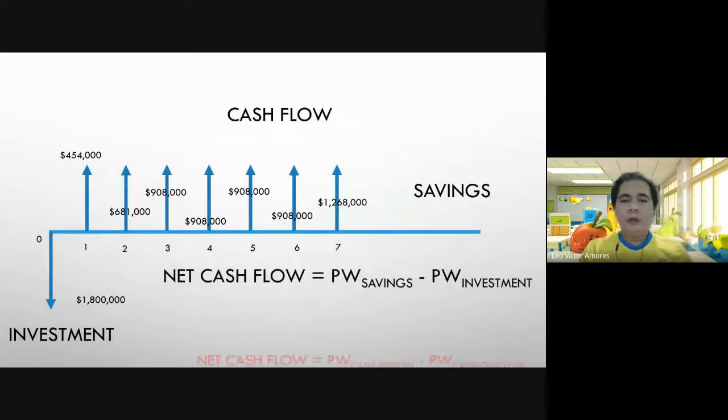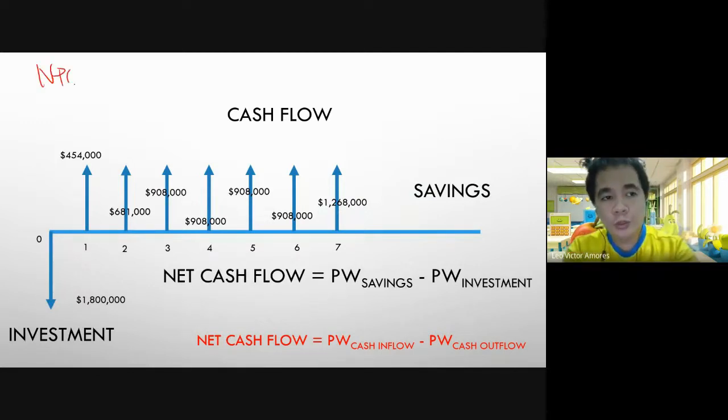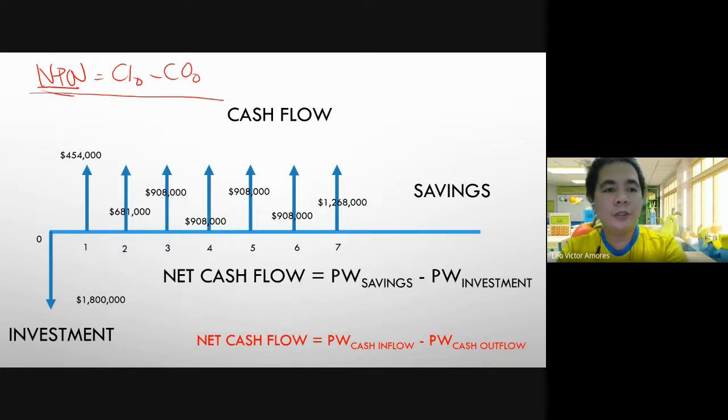In terms of cash flow, when you say net present worth, it is the cash in at year 0 total minus the cash out at year 0, and that is your net present worth.